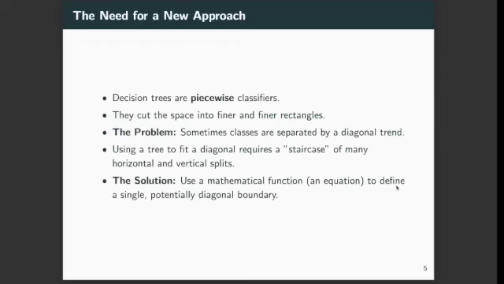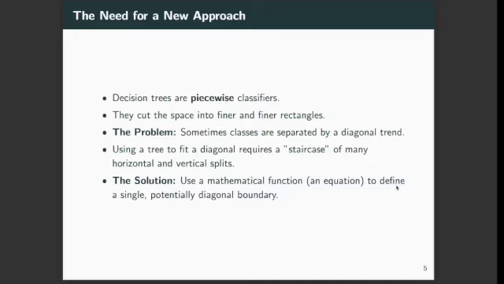Now we look at the new approach. The decision tree is a piecewise classifier where it cuts the space into finer and finer rectangles. But what if your data follows a diagonal trend?